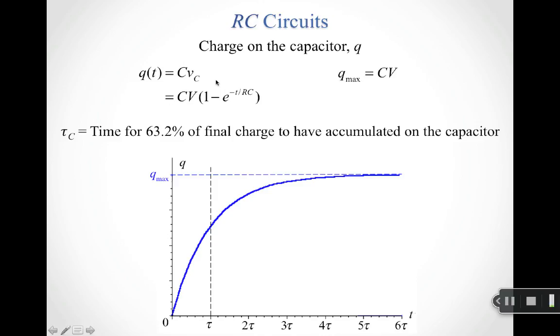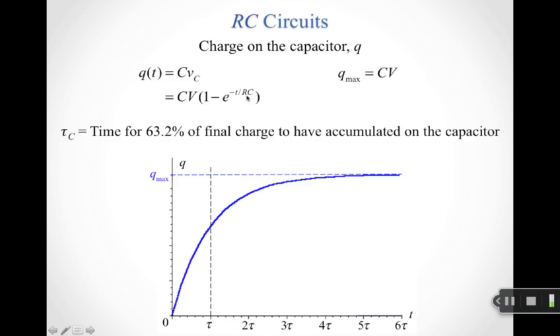Well, I can relate the voltage across the capacitor to the charge on the capacitor by using my fundamental relation for capacitors. So this is just Q equals CV, where I'm saying that Q can change because the voltage across the capacitor changes. And so when I plug in my equation for the voltage across the capacitor, I get this equation for calculating the charge on my capacitor.